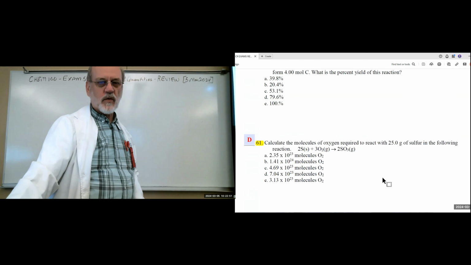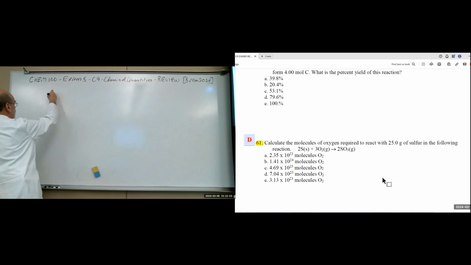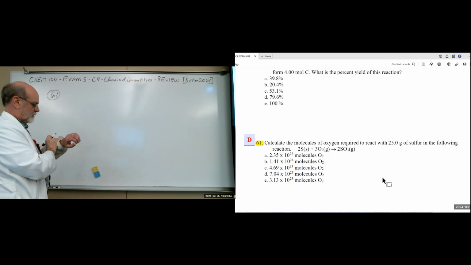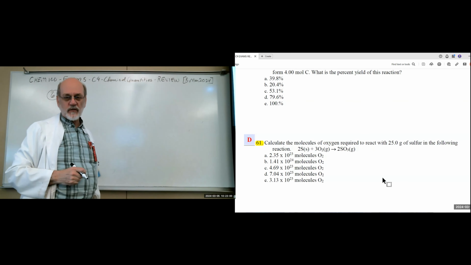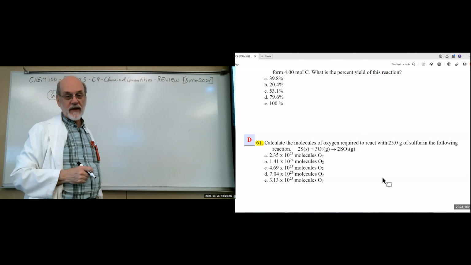All right, 61. Calculate the molecules of oxygen required to react with 25 grams of sulfur in the following reaction.